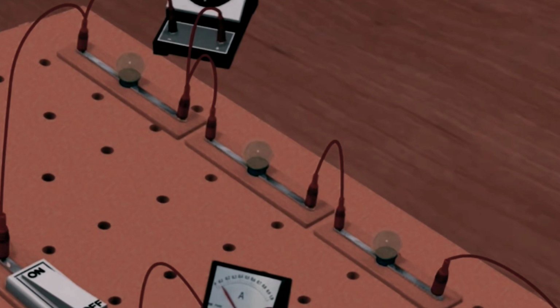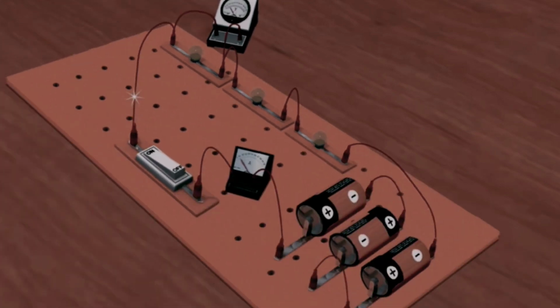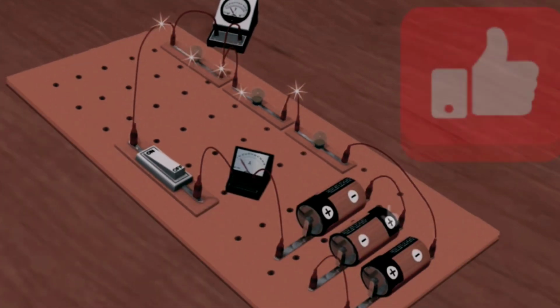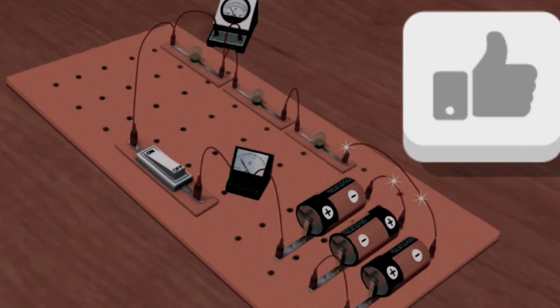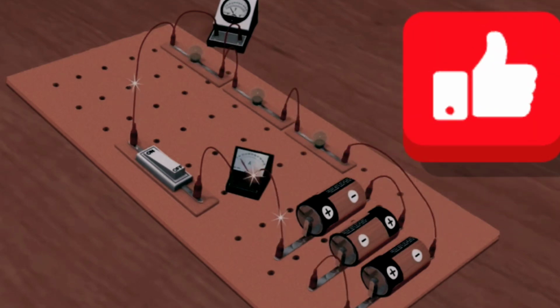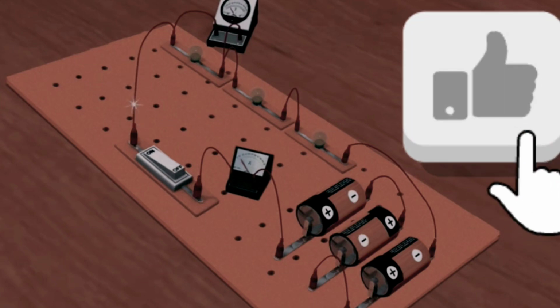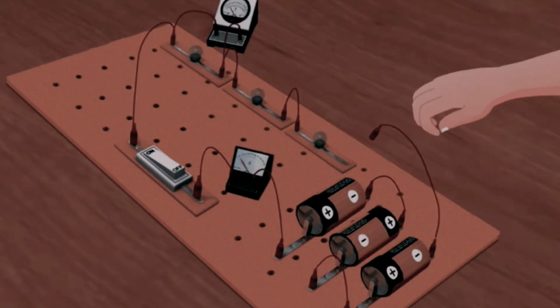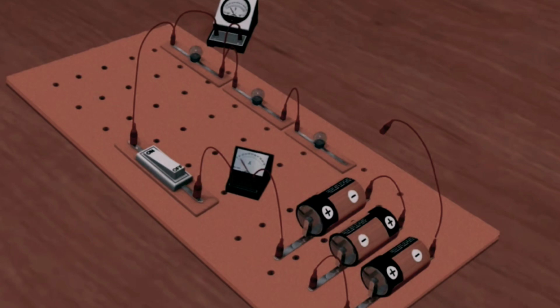Thus, in a series connection, the total resistance and the total current flowing through the circuit are both distributed among the resistors attached. Also, if one resistor is removed or damaged, then it will cut off the flow of current.